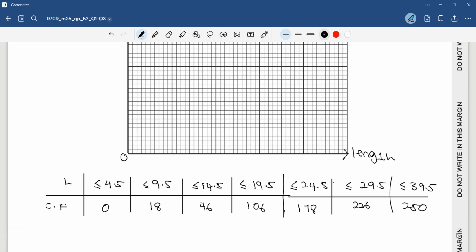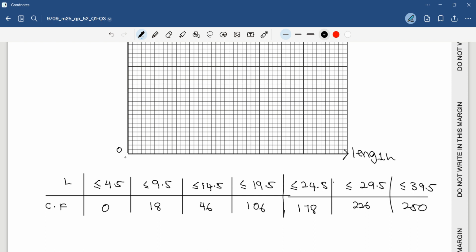So 1, 2, 3, 4, 5. Maybe we can also begin something like this if you want.